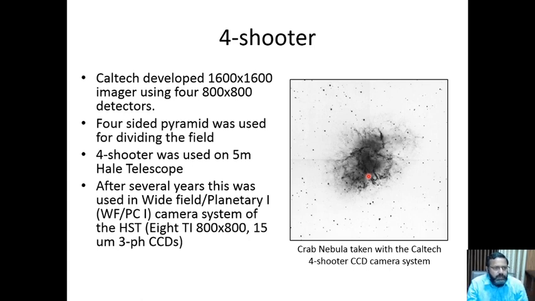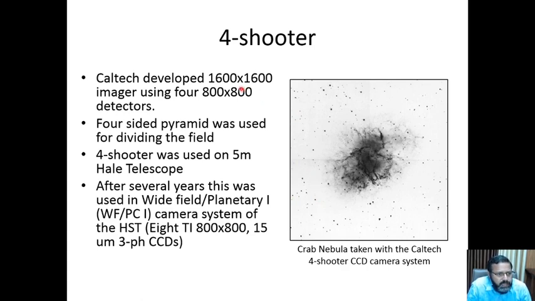So it became a big hit in ground-based astronomy, and once the credentials and capabilities of the CCD were proven, NASA announced the opportunity to develop a large format detector for space application, for their Hubble Space Telescope imager.